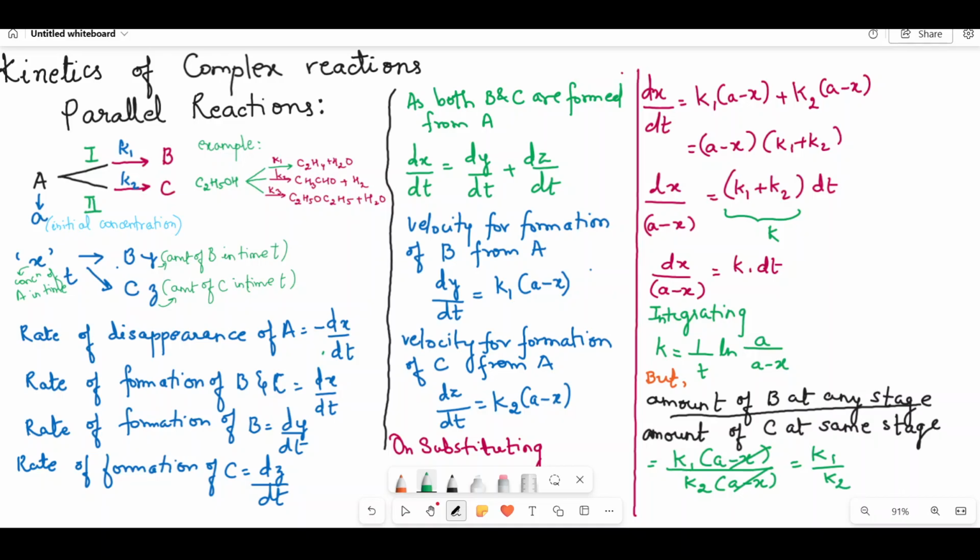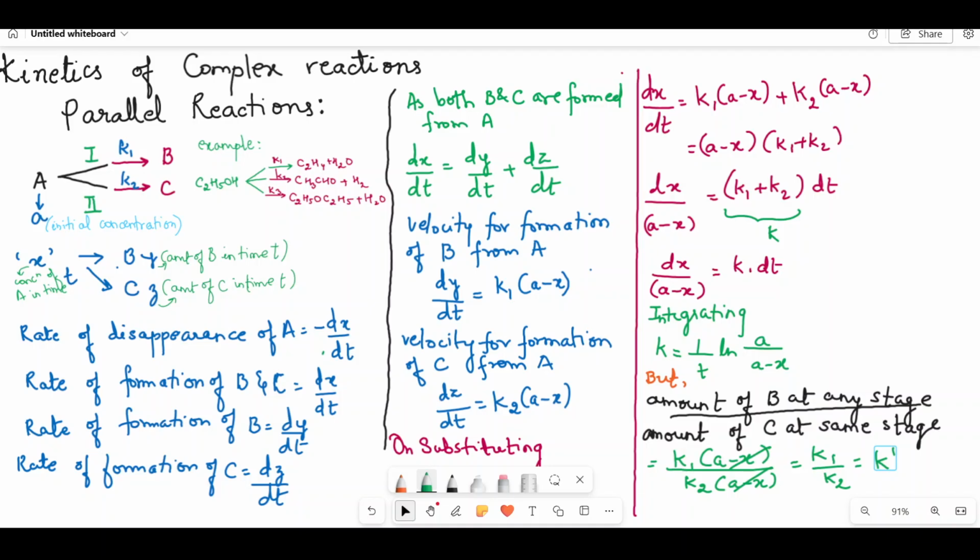We can also say that it is equal to k dash. So the estimations of B and C at the end of the reaction give the value of k dash.